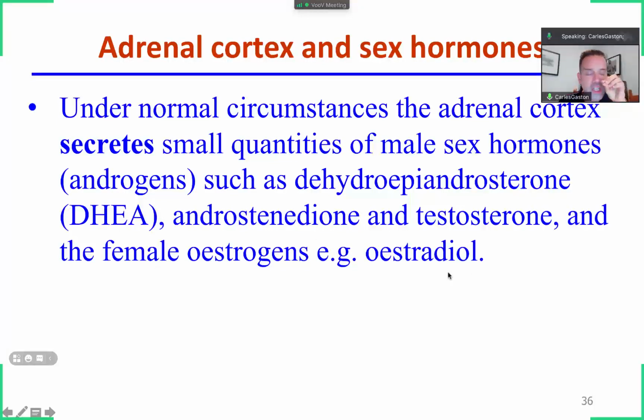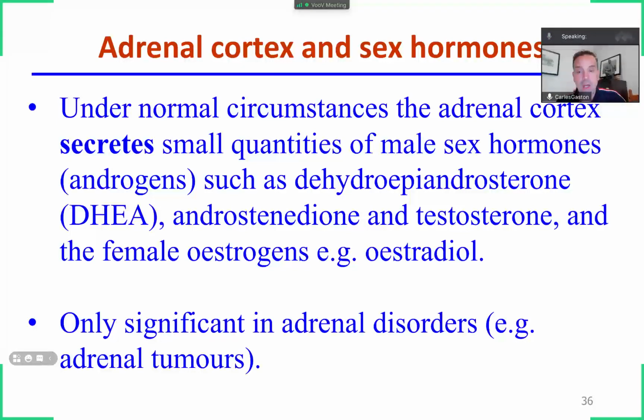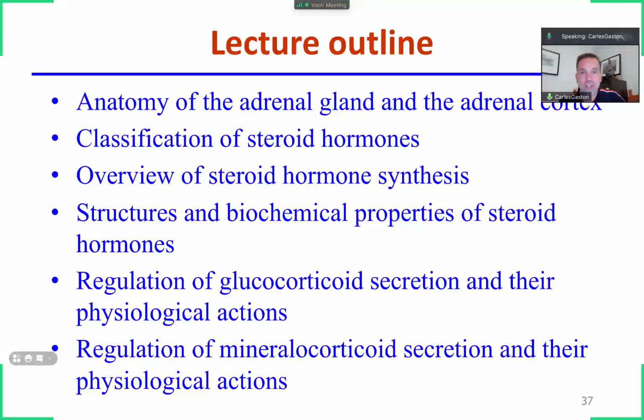So they are produced in very small fashion, but then they will target obviously the reproductive system to produce more. Only significant in adrenal disorders, for example, in adrenal tumors, can also secrete more androgen.